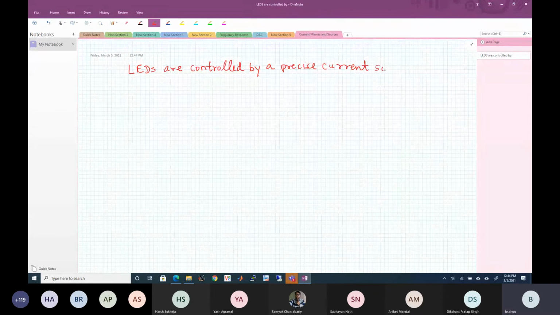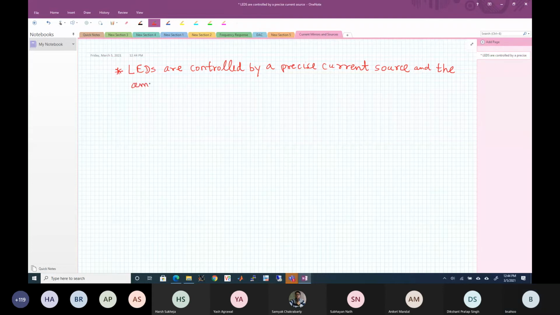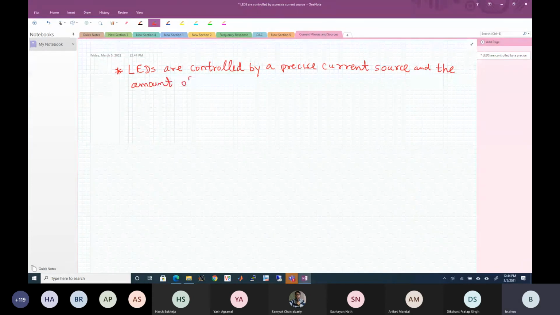And the amount of current defines your intensity, the intensity of the LED.